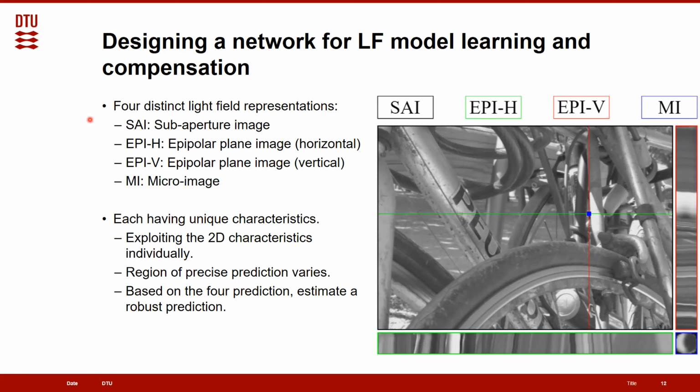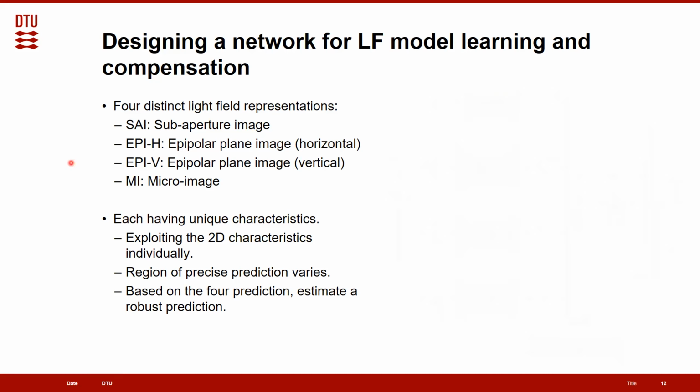What we want to do here is to exploit the 2D characteristics individually, and then thereafter locally adapt to combine the 4. So we break down the problem to keep complexity within reasonable bounds and then combine.